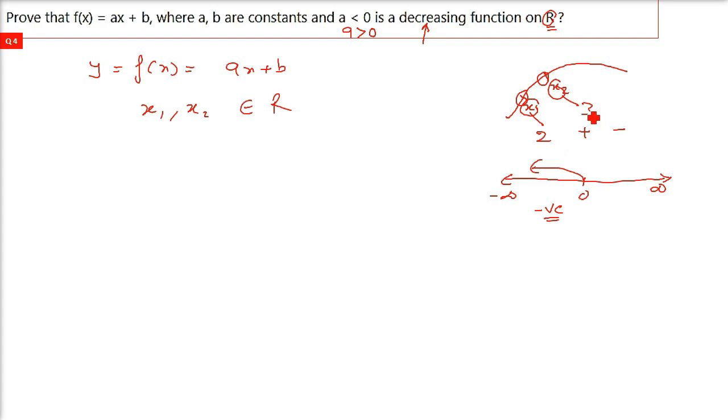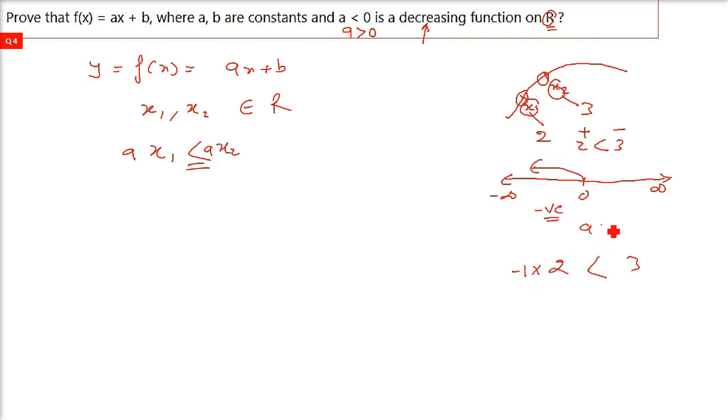So just remember we are taking numbers, say 2 and 3. 2 is less than 3 like that. Now the next thing is this x1 and x2 are such that x1 is less than x2. Now both sides we will multiply by a. But what will happen if I multiply by a? That is, if you have 2 less than 3, what about the less than sign if I multiply it with a number which is less than 0, which is negative?